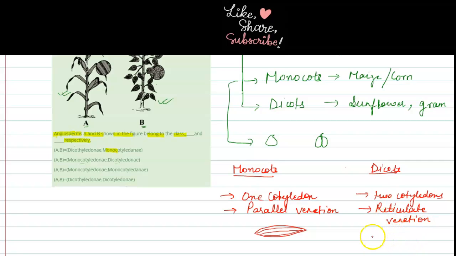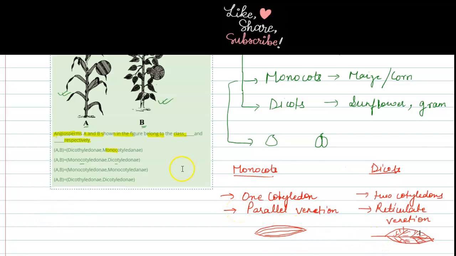What does reticulate venation look like? Suppose this is the leaf. The reticulate venation will look like this, where it will have a network of veins running through it, somewhat like this. Okay. So you can easily see that there is a difference in venation here.